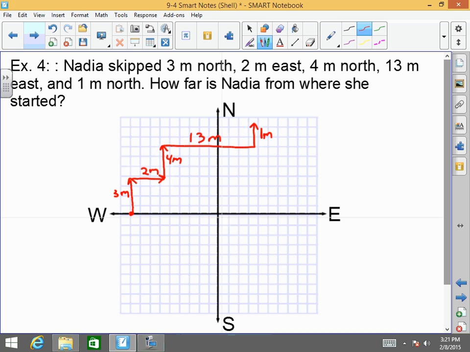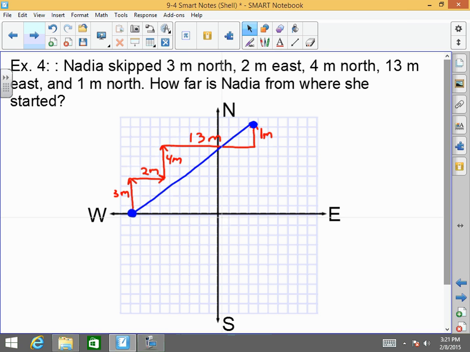I want to know how far is Nadia from where she started. Okay, how far is Nadia from where she started? So basically, I'm looking for what is the distance from here, from where she started, to here, where she ended. So I'm looking for this distance right here.